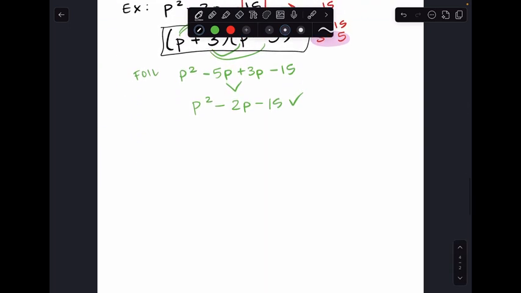Let's go ahead and do one more example, but this time you have a plus minus. So let's try this one: x squared plus 14x minus 32.